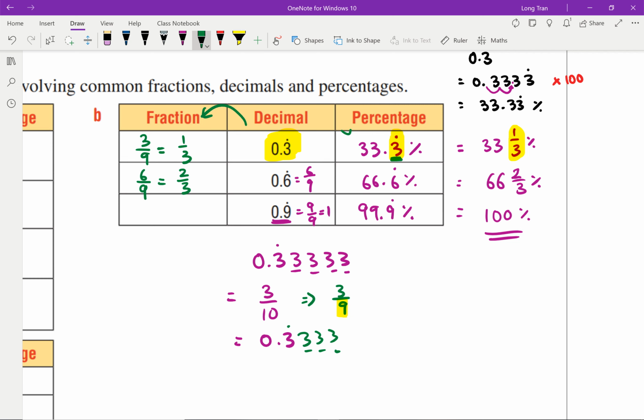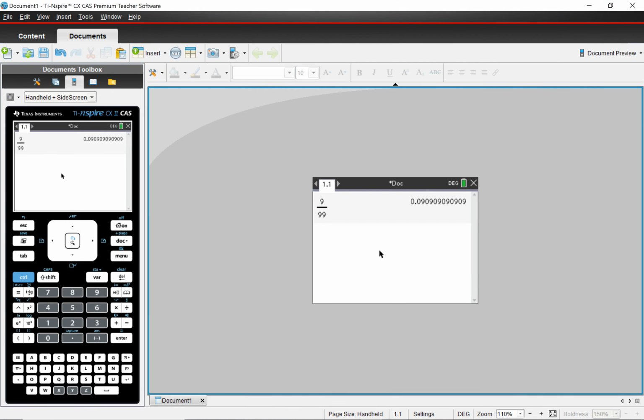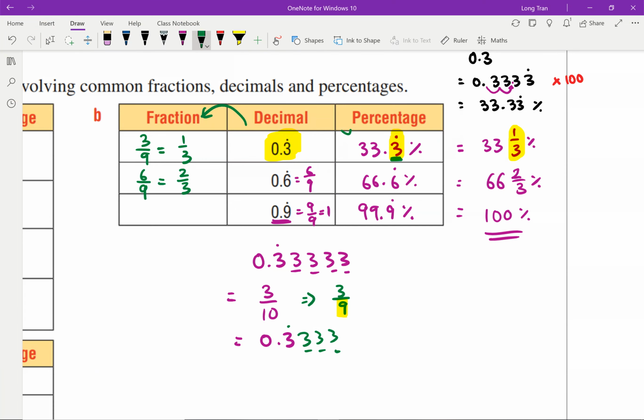So you'll see here, if I just go to my calculator, 3 divided by 9, you can see that's 0.3 recurring. 2 divided by 3, or 6 divided by 9, is also the same. It's 0.6 recurring. So 9 over 9 is equivalent to 1 on a technical basis, based on a limits-of-approach concept.